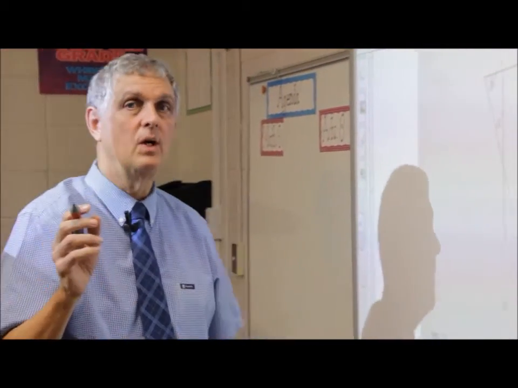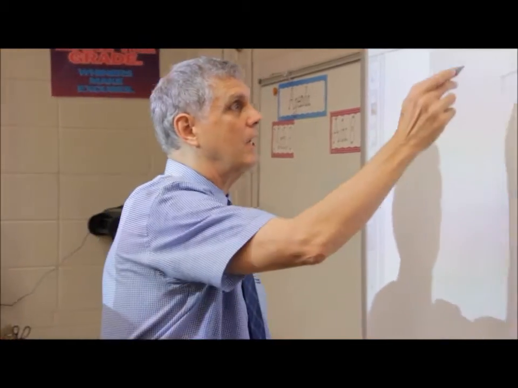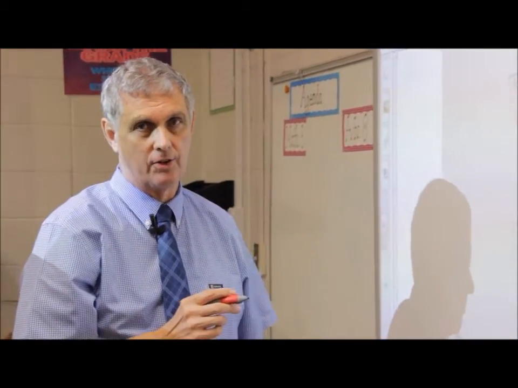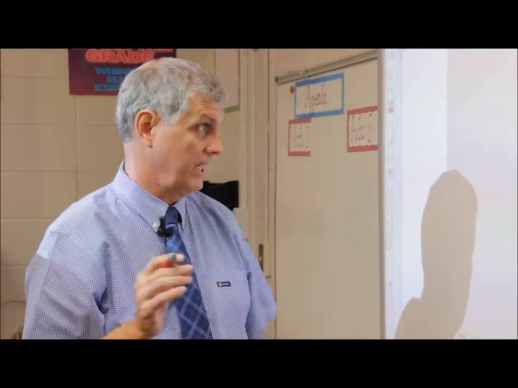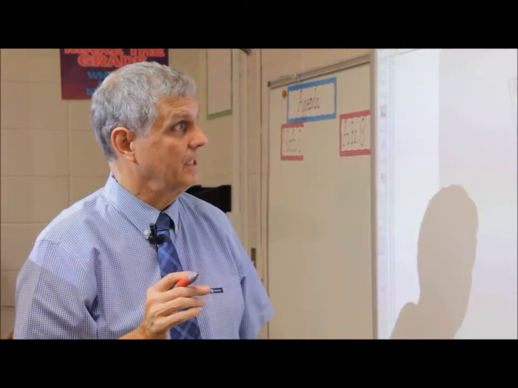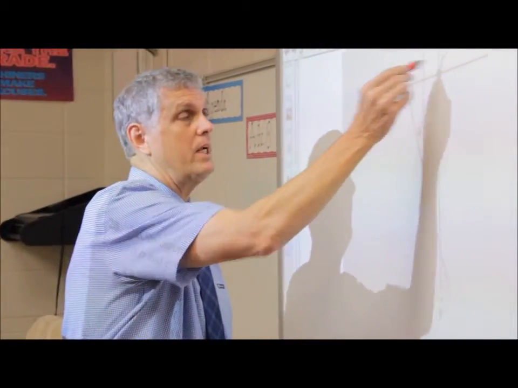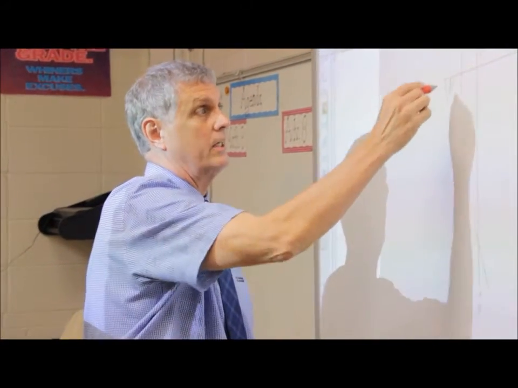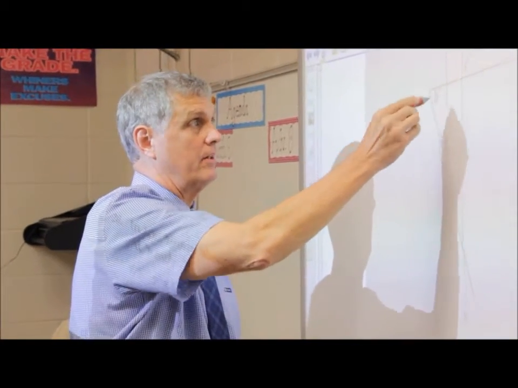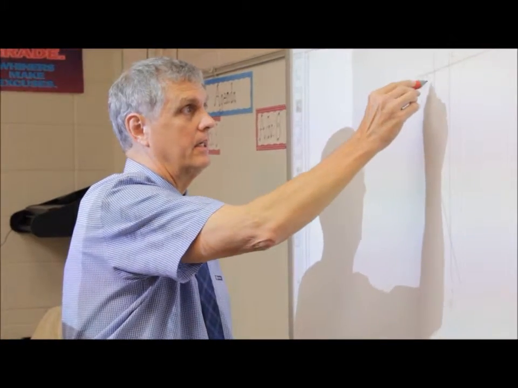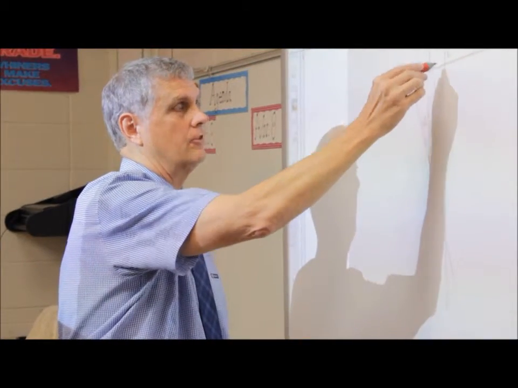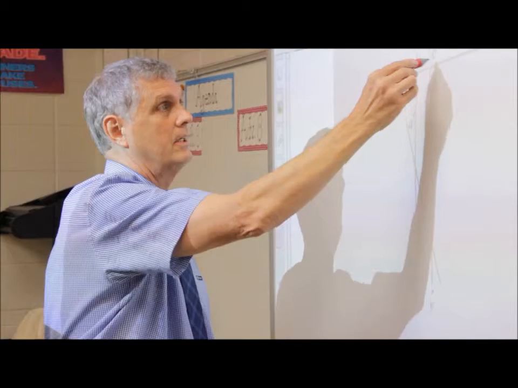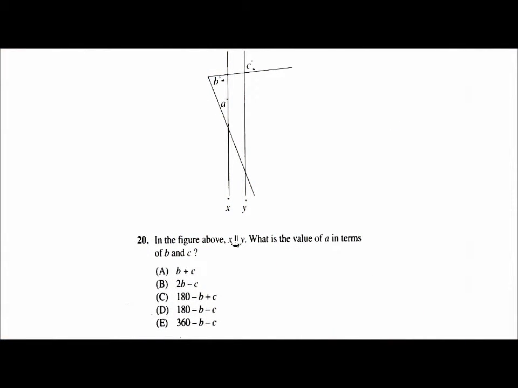And I told you a moment ago, anytime they give you anything on a transversal, you can figure out all the rest of the angles. And that's a good thing here, because if we look at the alternate exterior angles, this is an alternate exterior angle.